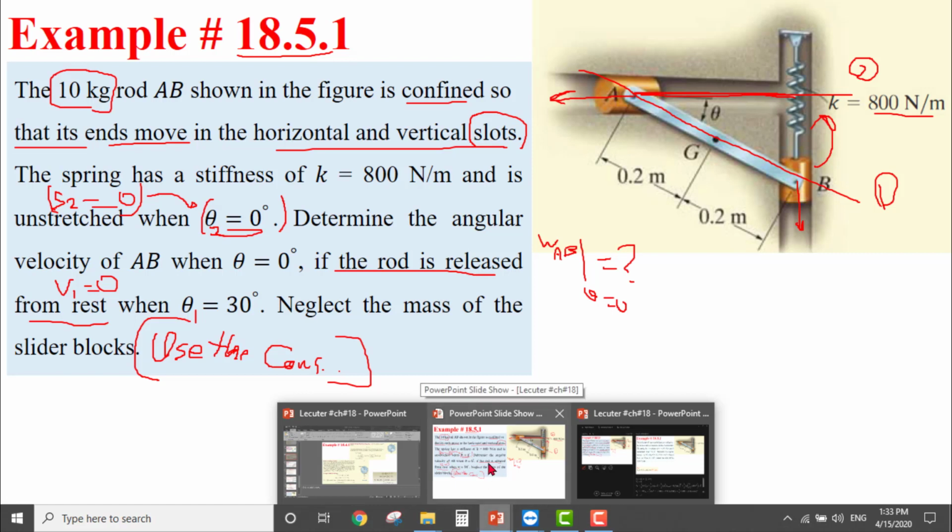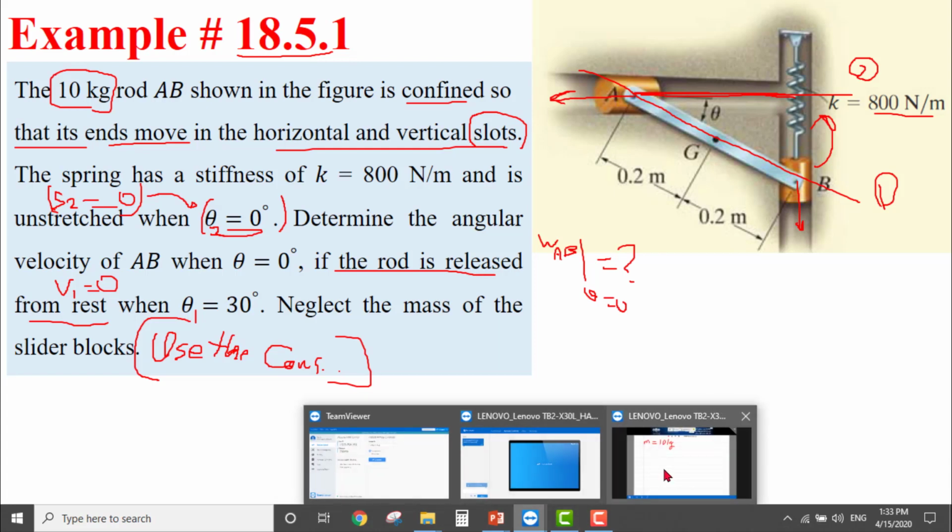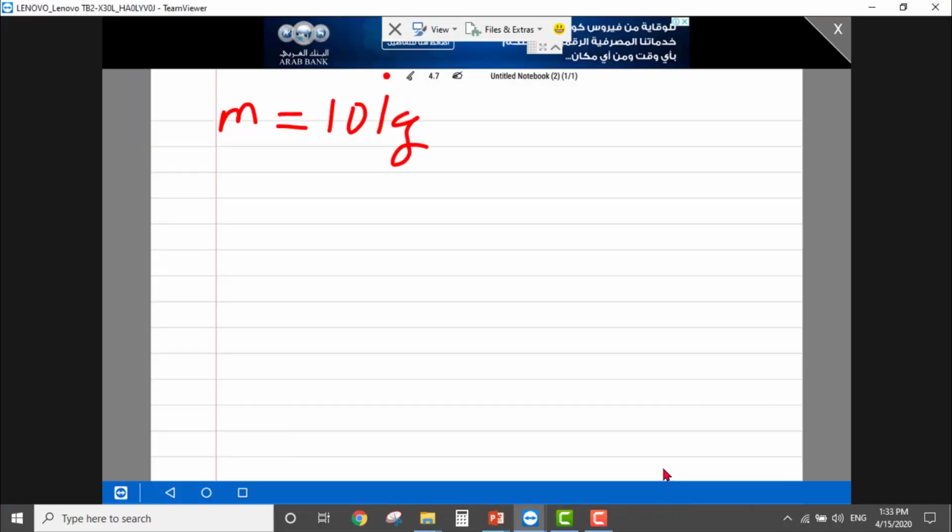So let me continue writing the given information. But make sure that whenever we write the way you must solve, it will be the easiest scenario.